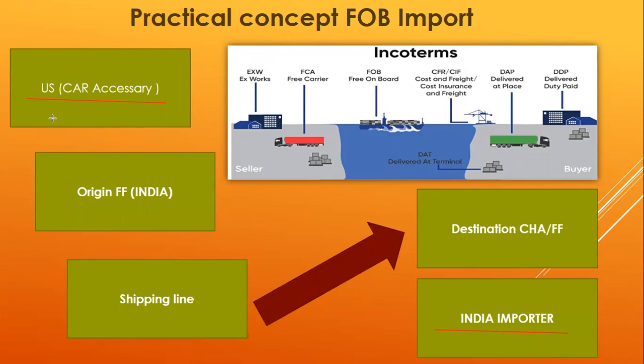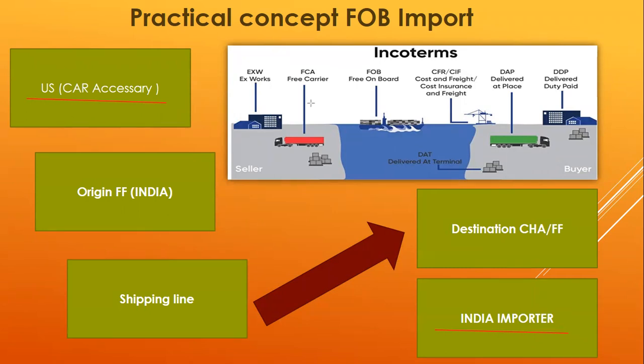He will add this cost in his commercial invoice, so the payment will become the FOB value in the invoice. Now the responsibility of the United States supplier is over at the port of loading.